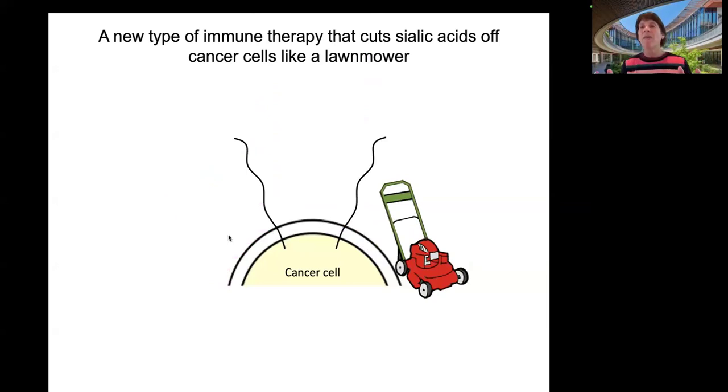And once you strip the sialic acids off the cancer cell, it will be unable to shake hands with any Siglec receptor and therefore unable to deliver the inhibitory signal to immune cells through that pathway.